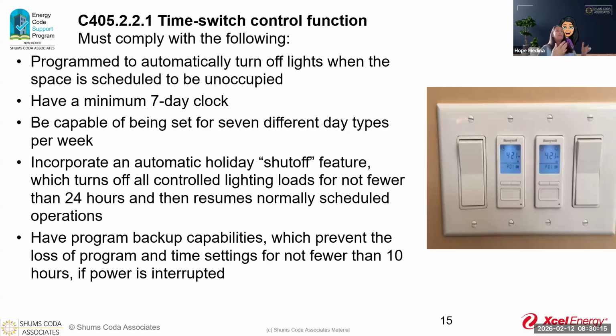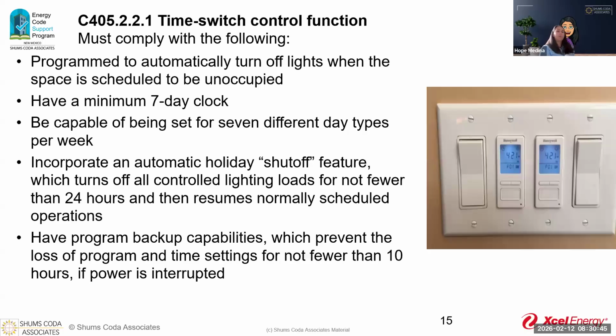You also must have the capability of being able to program holidays into the system. So if nobody's going to be in the office for Halloween, then we don't need the lights on. Now, since you've spent all this time programming this sucker, we want to ensure that if the power goes off for a couple of minutes, all that programming is not down the drain, right?